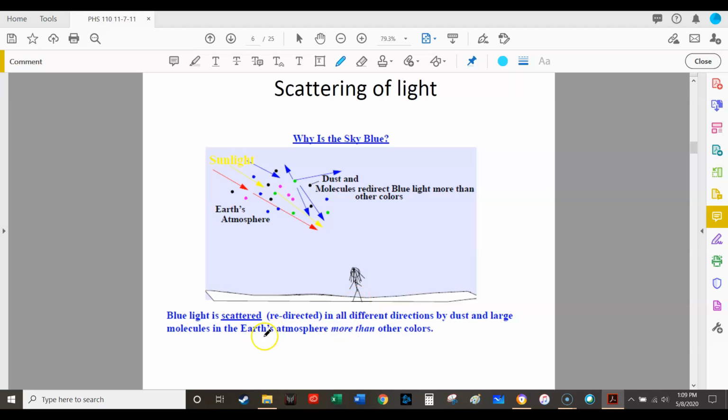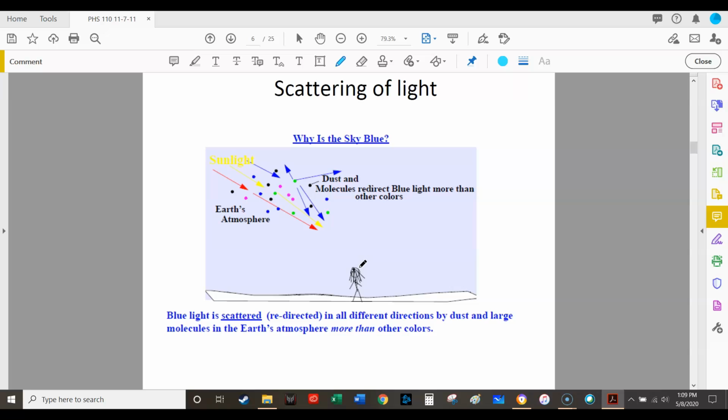So the more atmosphere that the sun has to go through, the less chance that all of these other colors get through that are smaller wavelengths. Red, being a larger wavelength, is going to get all the way through to your eyes. Some of those reds are going to be scattered, right? It is a numbers game. It's just a probability thing.